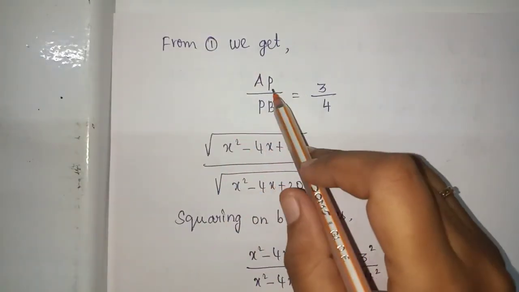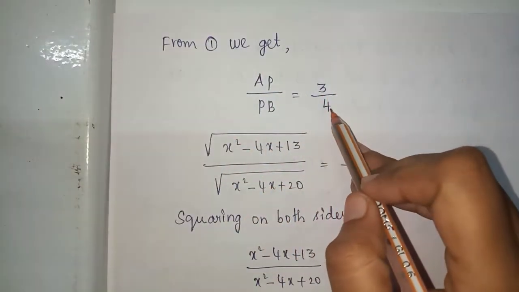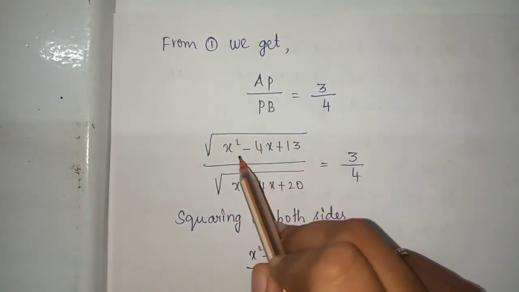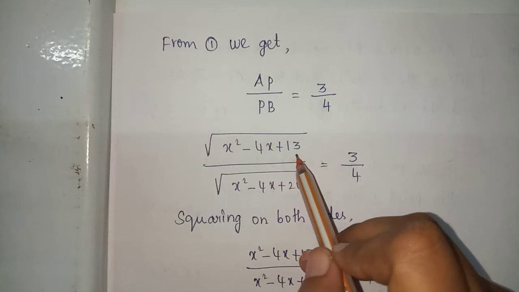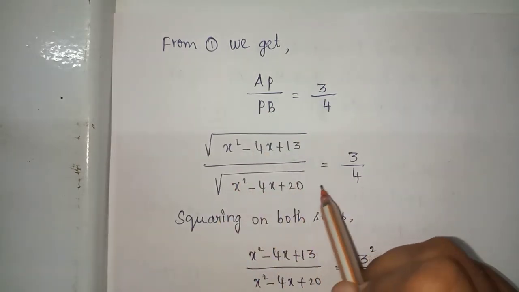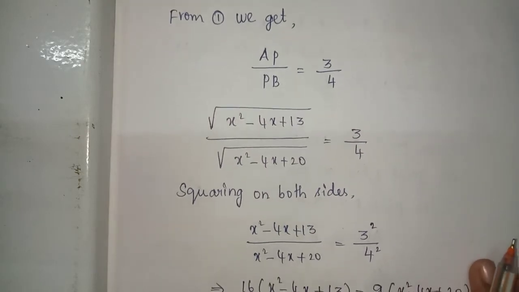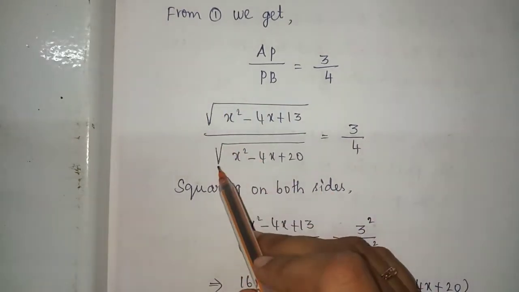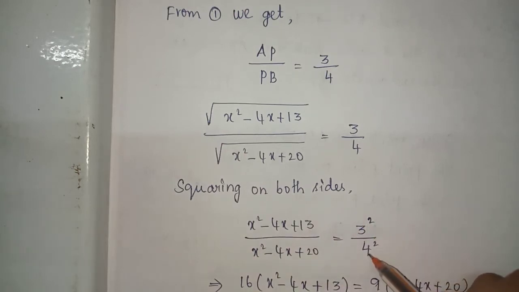From 1 we get AP by BP is equal to 3 by 4. Now we have found the distances. AP is equal to root of x square minus 4x plus 13 and BP is root of x square minus 4x plus 20, which is equal to 3 by 4. So squaring on both sides, the square and square root get cancelled. This will become 3 square and 4 square.